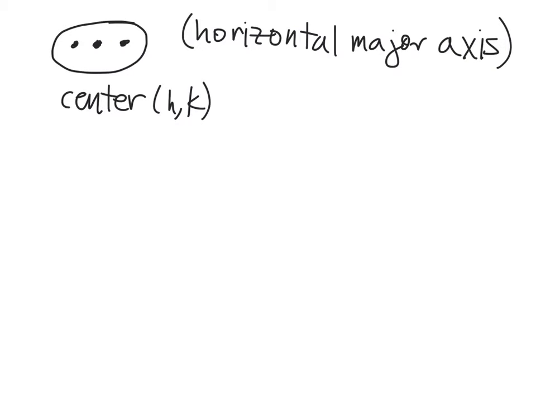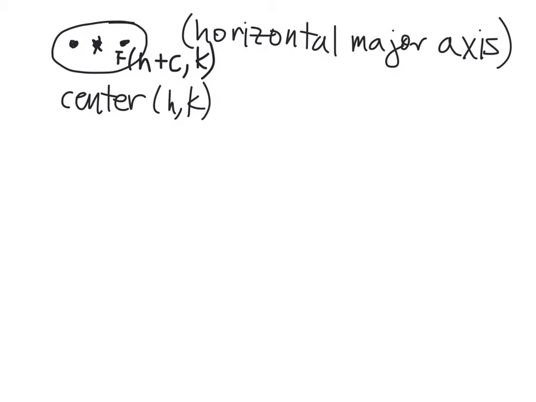So we'll call our center (h, k), and then the foci, this focus would be what coordinates in terms of our center? Okay, we've defined the distance from the center to the focus as c, so this focus would have h plus c as the x coordinate, and then still k as the y coordinate.